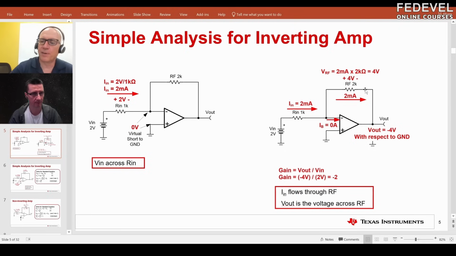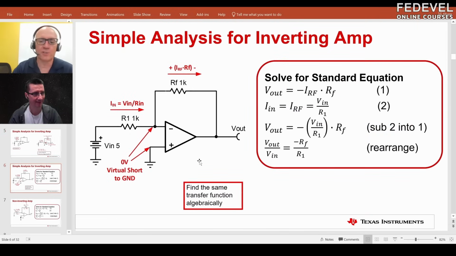So the output is minus 4 volts. That's how you can do the basic simple analysis for an op amp, and you could also do it algebraically. So the gain is minus 2.